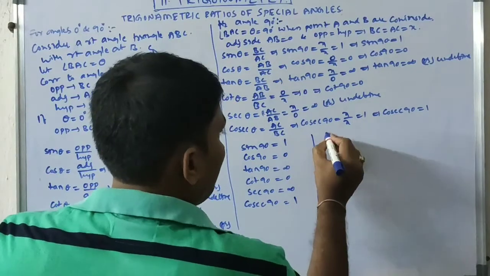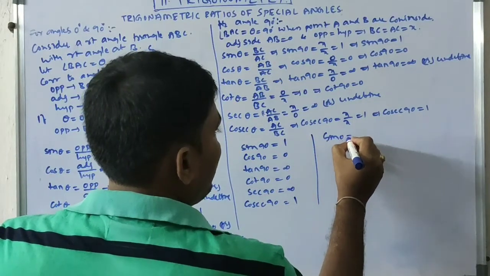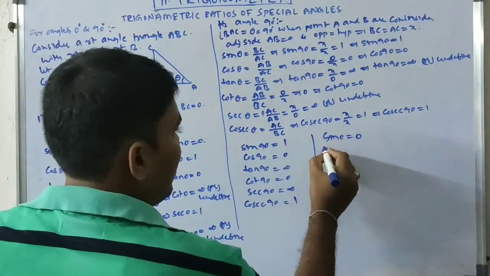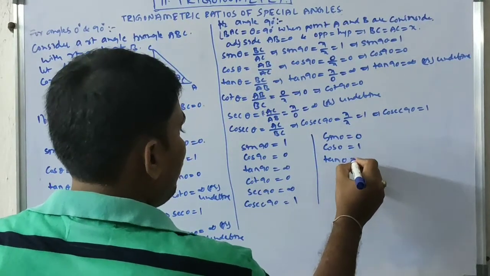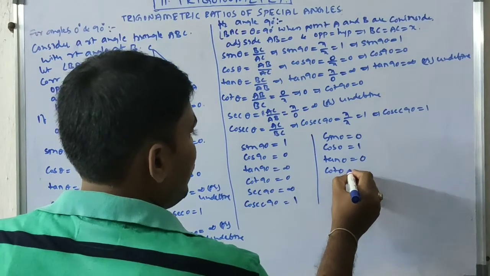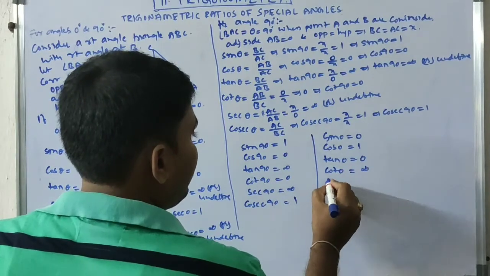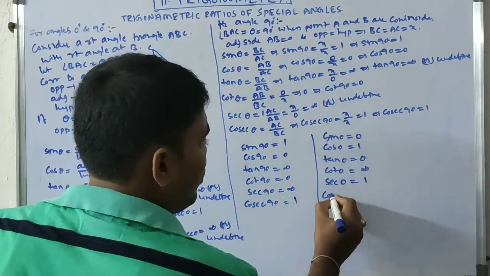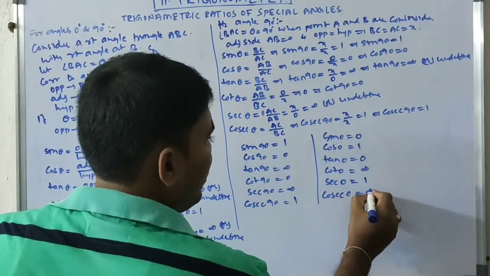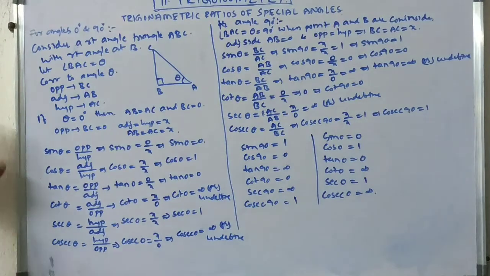Similarly, sin 0 is equal to 0, cos 0 is equal to 1, tan 0 is equal to 0, cot 0 is equal to infinity, sec 0 is equal to 1, cosec 0 is equal to infinity. So these are the values.